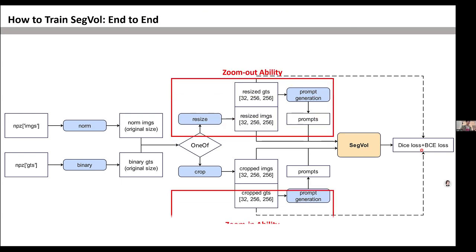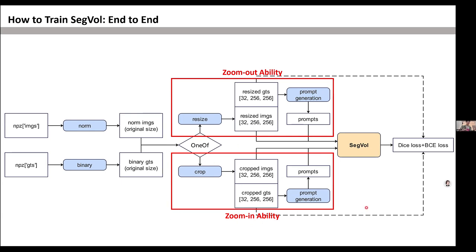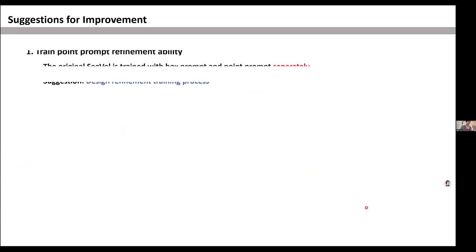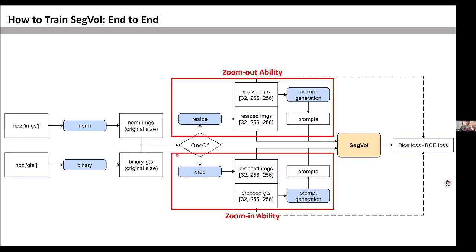That's the zoom out ability, and the down part is about the zoom in ability. So here I have some suggestions for how to improve SegVol for this task. First, just like Mask just taught, in the figure of the SegVol performance, maybe SegVol is somewhat weak in the refinement because in the training process we do not involve any refinement process training.